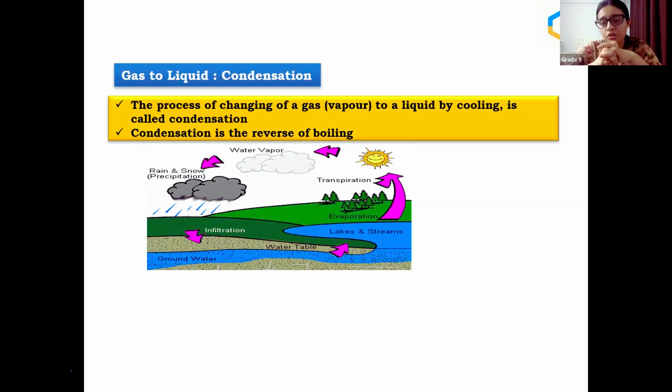Now, transpiration. Transpiration is a very interesting process which happens inside the leaves, inside the plants, or is shown by the plants. Now, when we keep on giving water to the plants, there must be an excess of water which the plants can't store, or they are filled with water and they do not want any more water. So transpiration is that water which comes out, the loss of water in the plants in the form of droplets on the leaves.